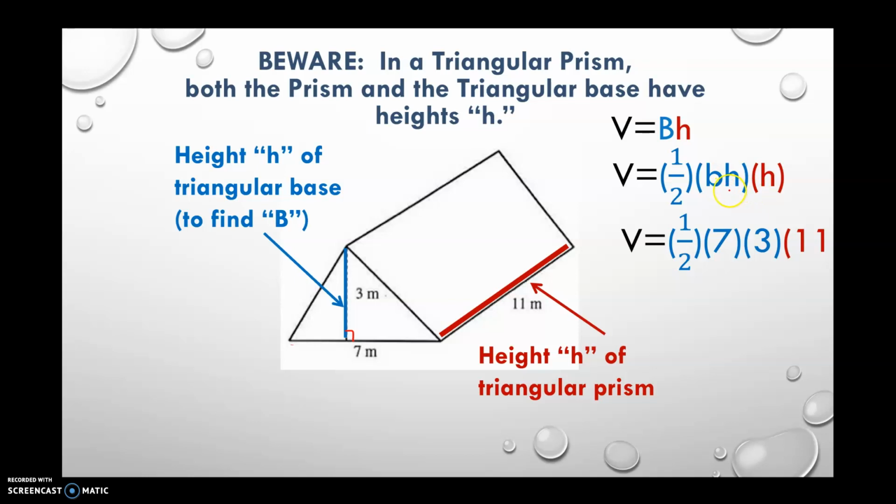They are different. Again, this blue H is dealing with your base, the height of the base, while the red is dealing with the height of the prism, how far away your two bases are from one another. Because remember, we have our base, another base back here. So how far apart your two bases are from one another. Then you multiply all this and you get 115.5.